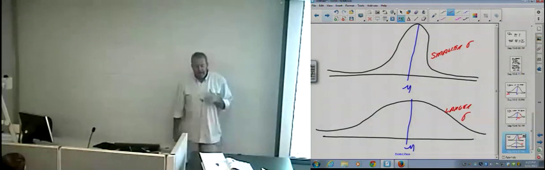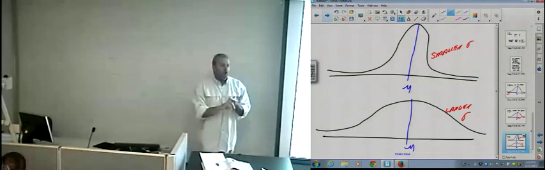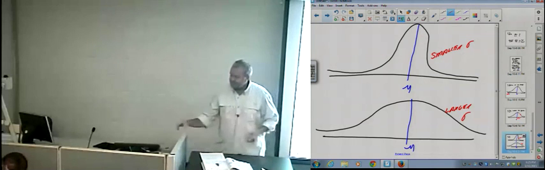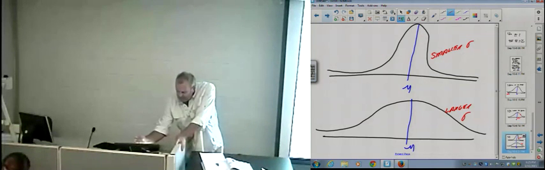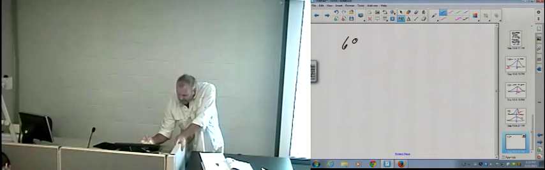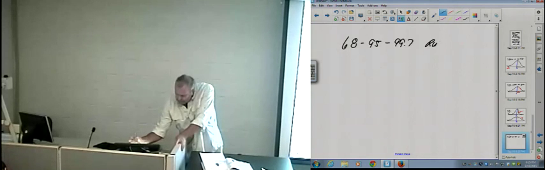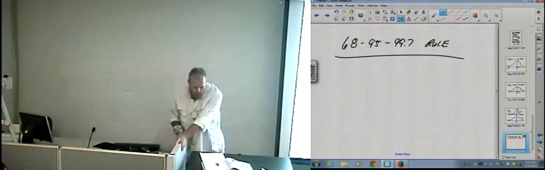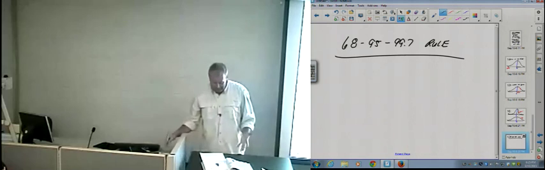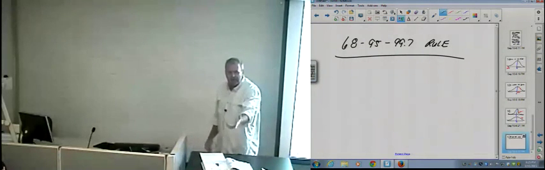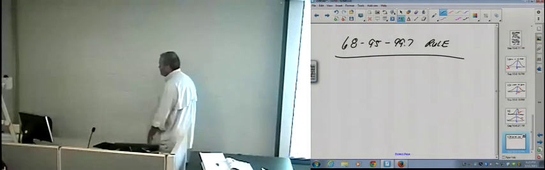Okay? Now, our first go at finding area under the curve is something called the 68, 95, 99.7 rule. Now, I'm going to be honest with you at this point, because like I said, I always am.